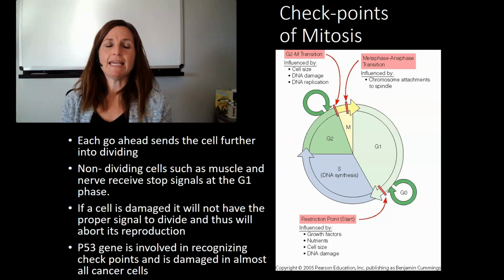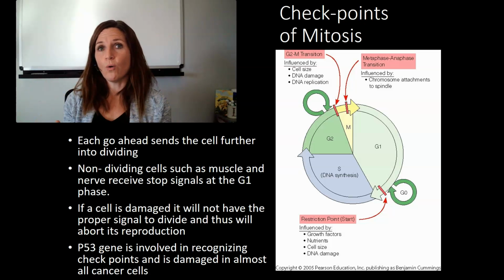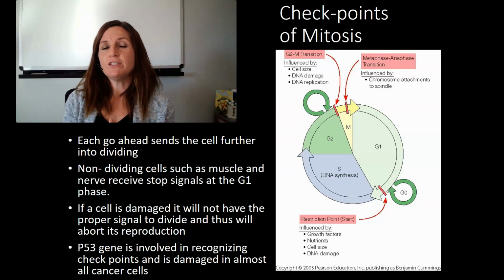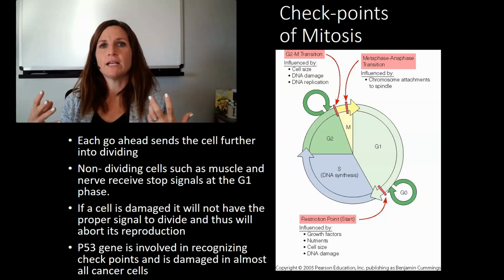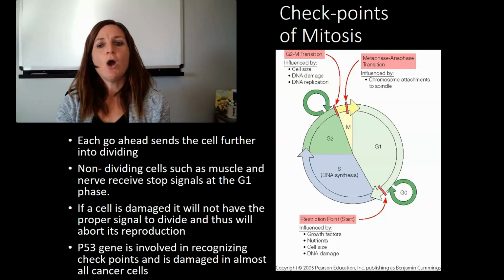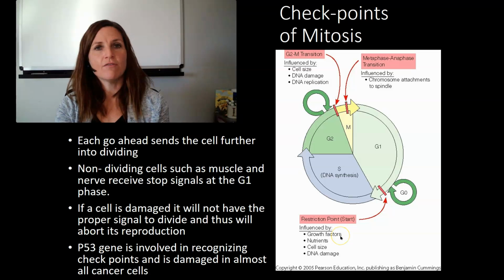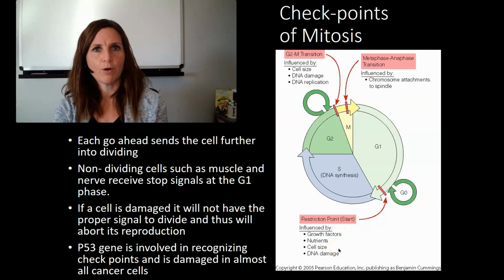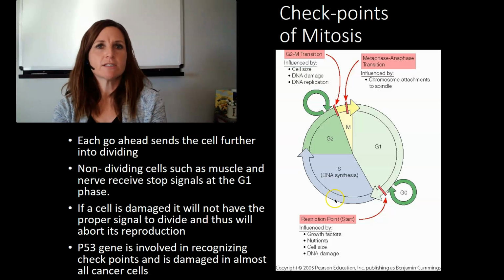What it does mean is that in order for cancer to take hold in the body, P53 needs to be damaged. So, something that we notice all cancer cells have in common is this error in the P53 gene, which allows them to jump from G1 into S without meeting these requirements of healthy nutrient, cell size, and appropriate DNA. They can jump across into the S phase even if their cell is damaged.